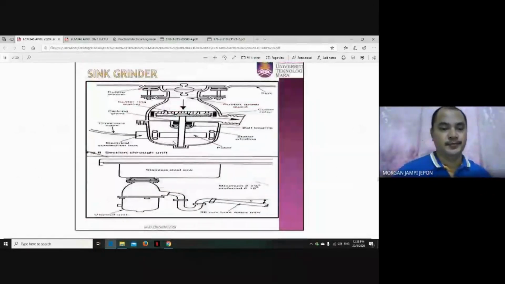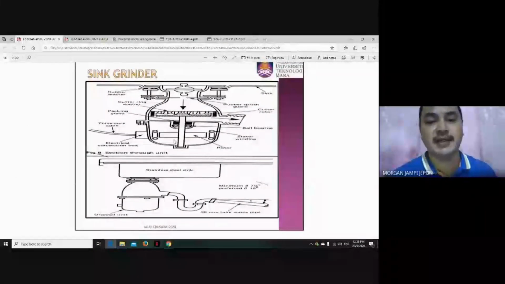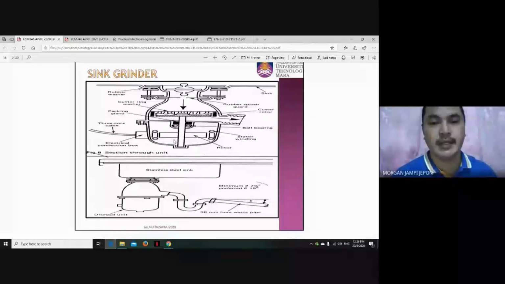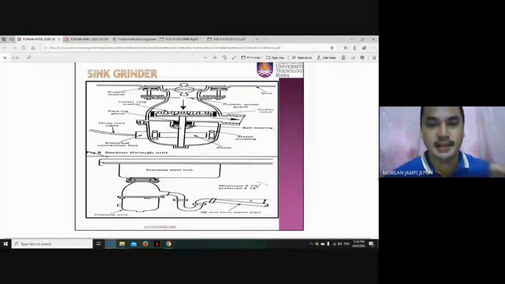Move on. This one is called sink grinder. Sink grinder may be incorporated or combined with the garbage system because, you know, it's a grinder. It grinds the rubbish into small particles. Okay, so of course it's using a grinder, and the grinder is actually placed below the sink.